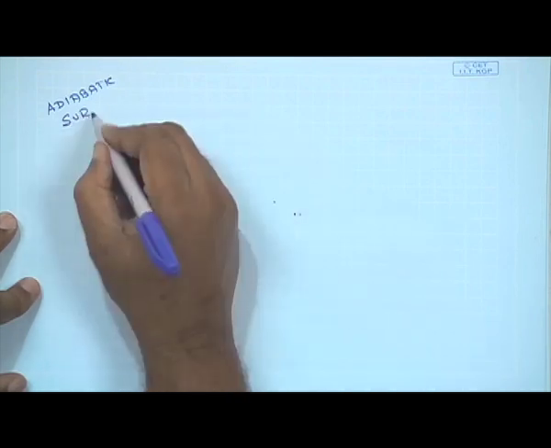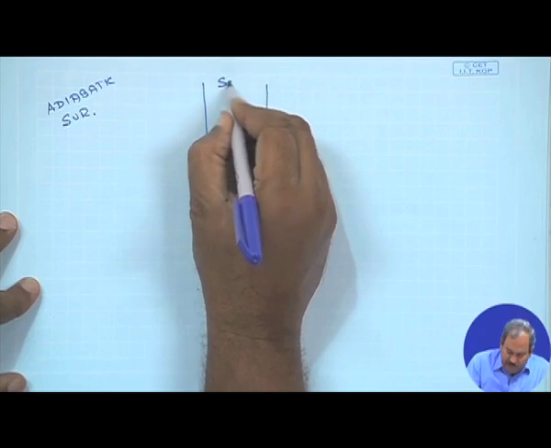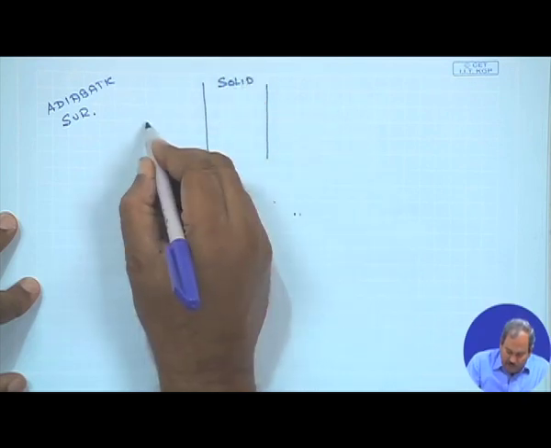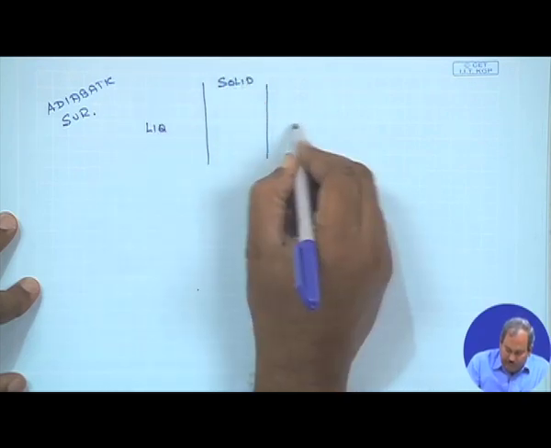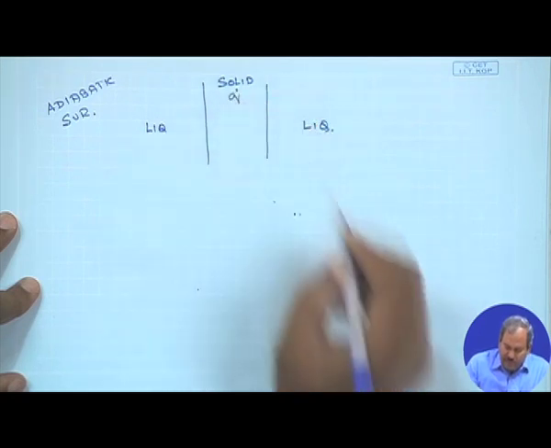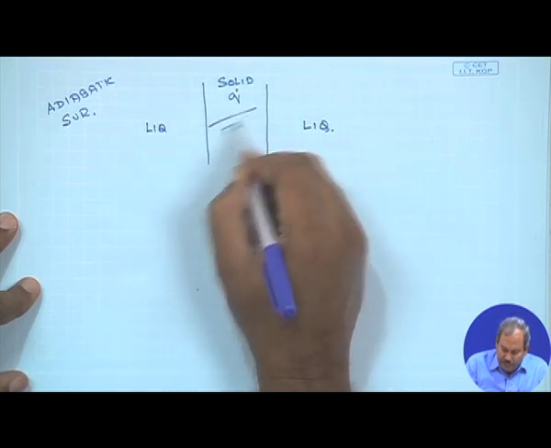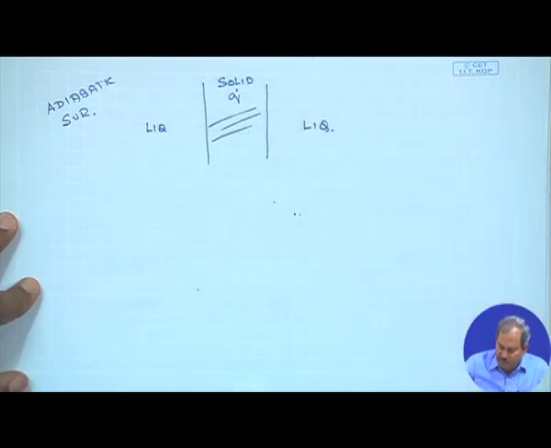In some cases, I am describing this adiabatic surface in slightly more detail. Let us say you have a solid, on two sides of it you have liquids, and some amount of heat is being generated in here uniformly. So, everywhere there is some amount of heat which is generated.